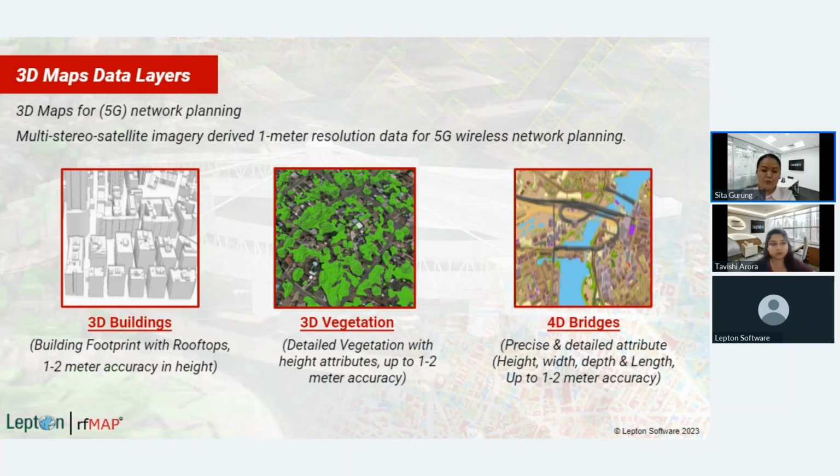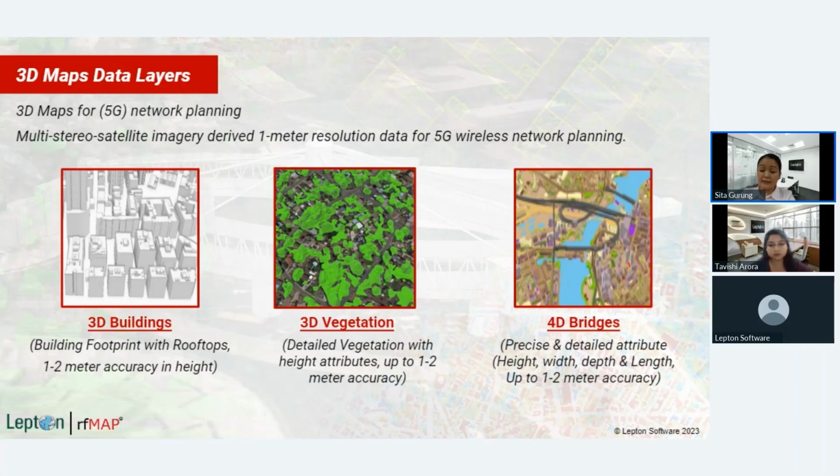You might be wondering why 4D out of 3D. We have been talking about a 3D data set, so why 4D? It is because we are integrating 4 different attributes for these elevated structures. When I say 4D bridge, it will have the height information of that particular structure from the ground.